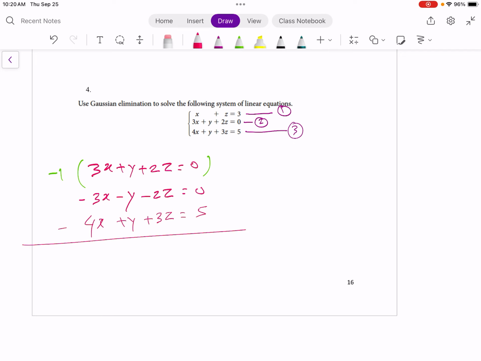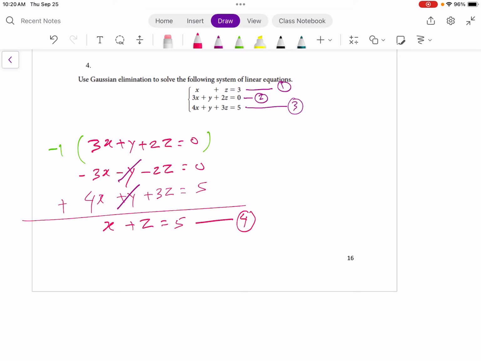So let's add. Now y is gone. Negative 3x plus 4x is x, negative 2z plus 3z is z, so x plus z equals 5. Let's call this our equation 4. We multiplied our equation 2 by negative 1 and then added it with our equation 3.